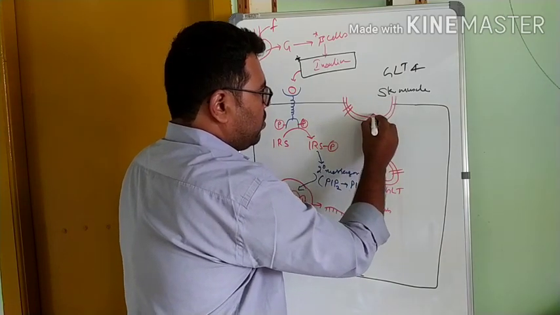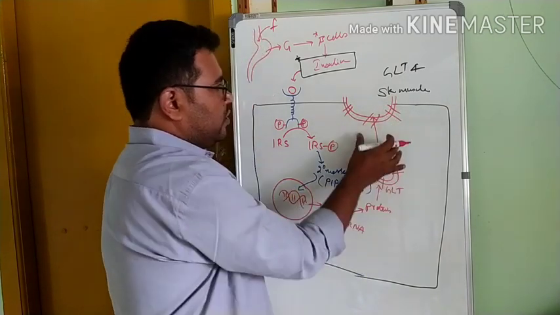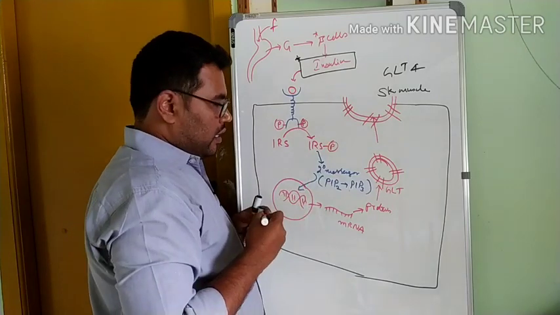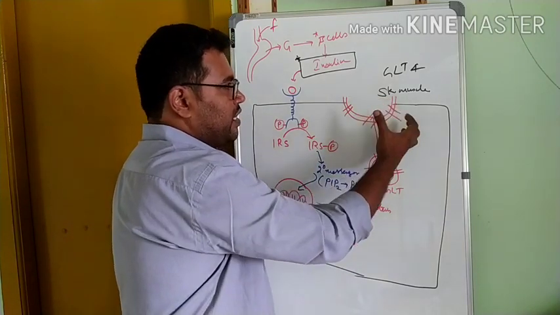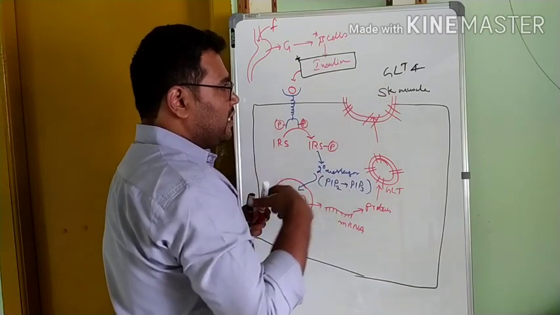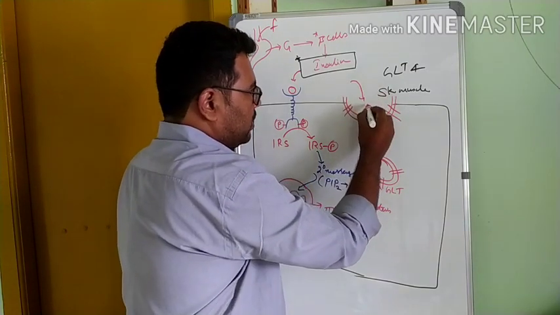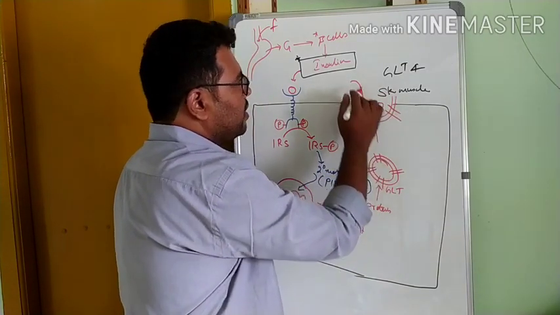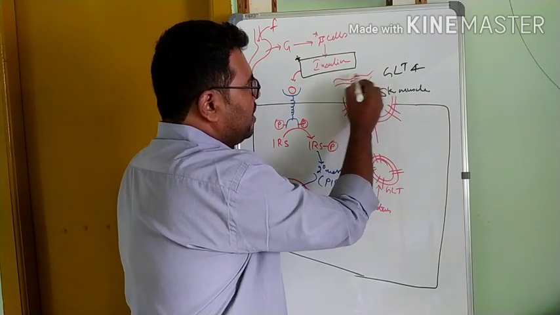So whenever they move to the membrane of the particular cell, they will form like this. They have a little bit of pores, so they will move to the membrane. These molecules, when they move to the membrane, will attract the glucose molecules which are freely moving in the blood.